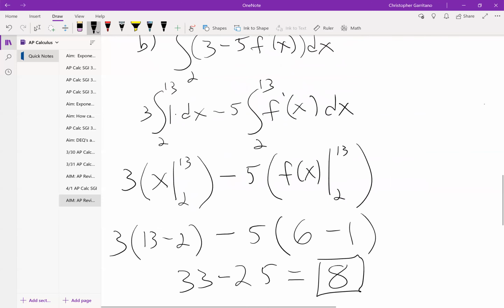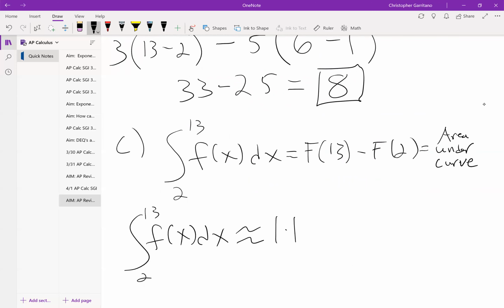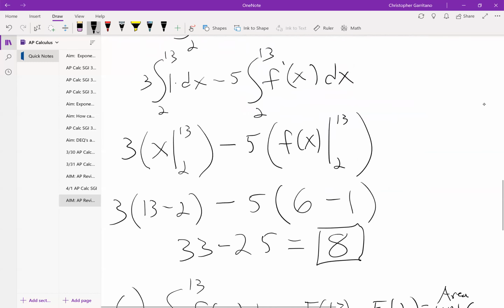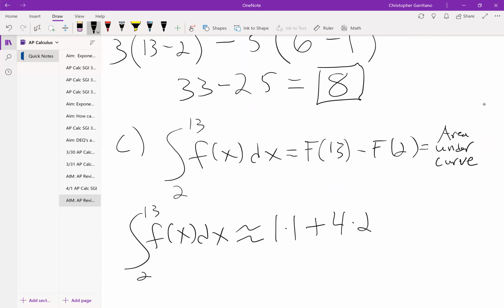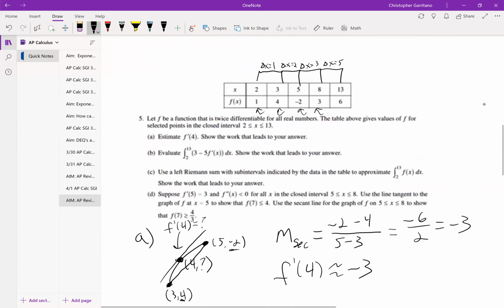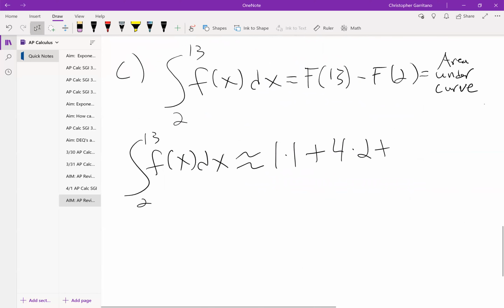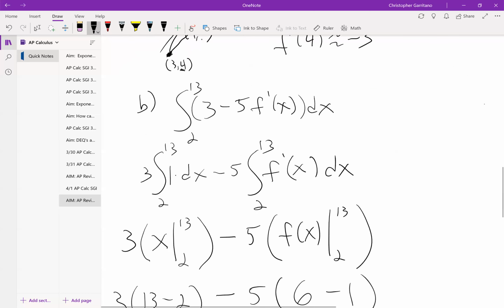So my first rectangle is just 1 times 1 plus 4 times 2 plus negative 2 times 3, and yeah, a negative height sounds strange, but it just really means that the curve is below the x-axis, and so a rectangle is going to be below the x-axis, which is no big deal.